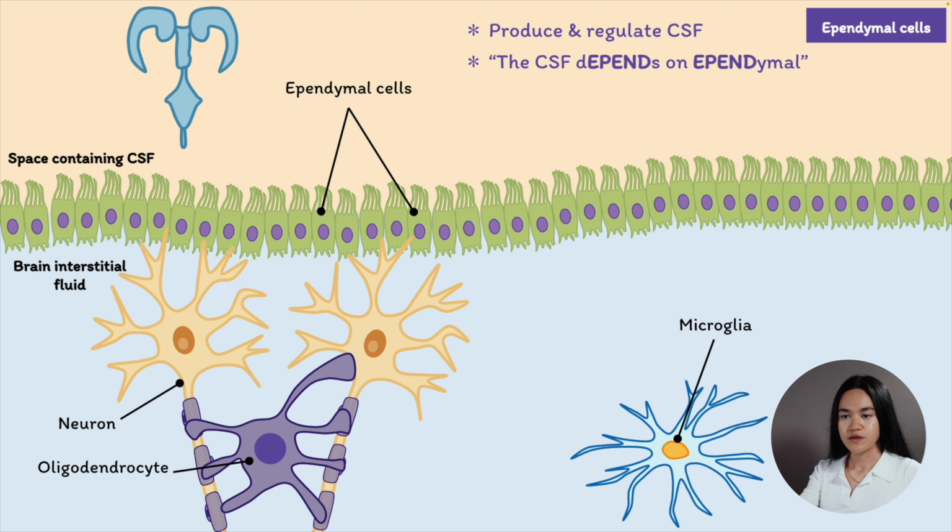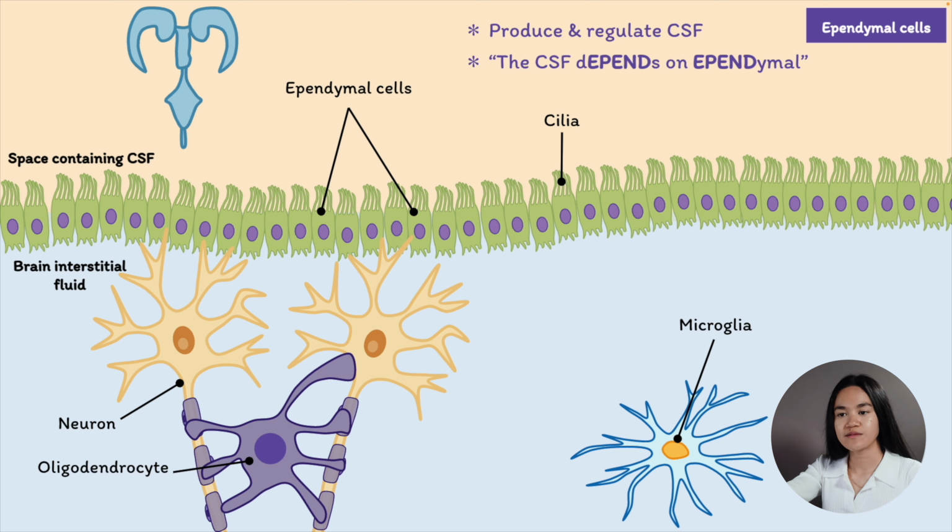Now, if we zoom in, ependymal cells have tiny hair-like structures on them called cilia and microvilli. These structures are found on the surfaces that face the open space, okay? And cilia contribute to the flow of CSF through the ventricles. How do they do this? These hair-like projections move or beat in a coordinated way to promote the directed flow of CSF.